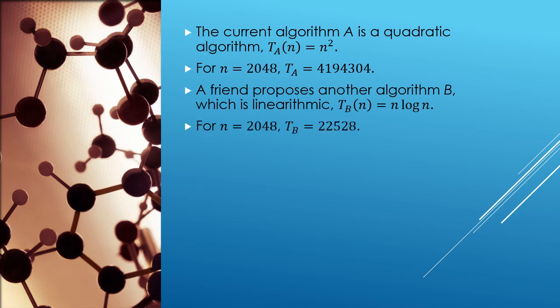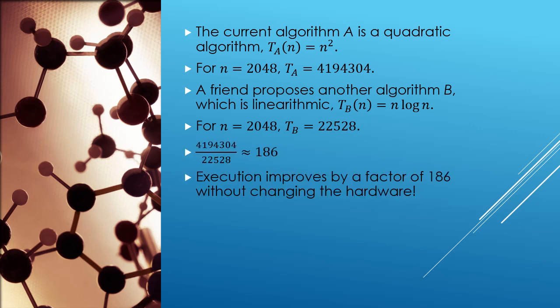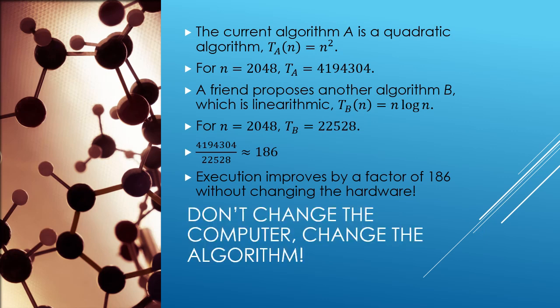When I give algorithm B 2048 data items, it takes 22528 units of time. This means that the execution improves by a factor of 186 without changing the hardware. So I conclude, don't change the computer. Change the algorithm.